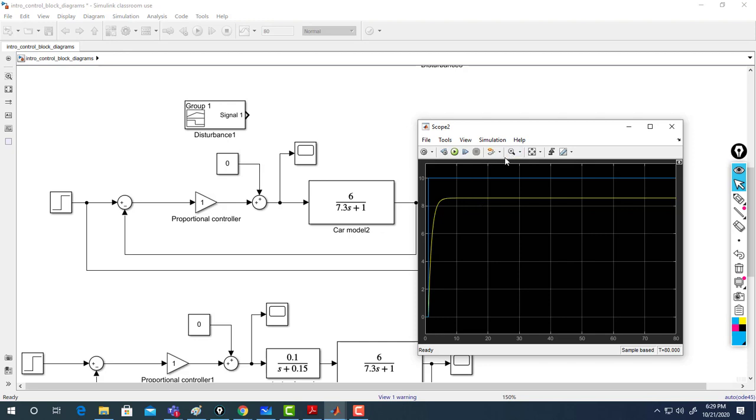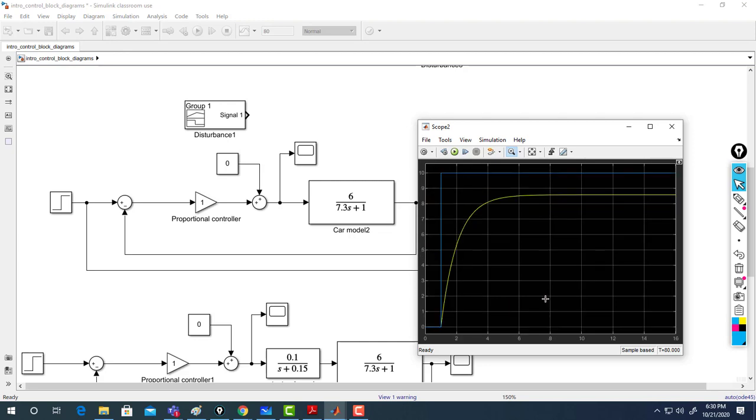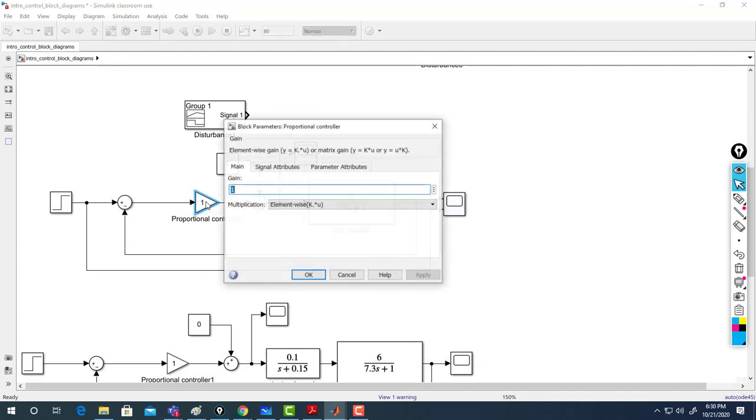Here, if you look, your steady state is around 5 to 6 seconds. But what if I take my gain equal 5, for example?